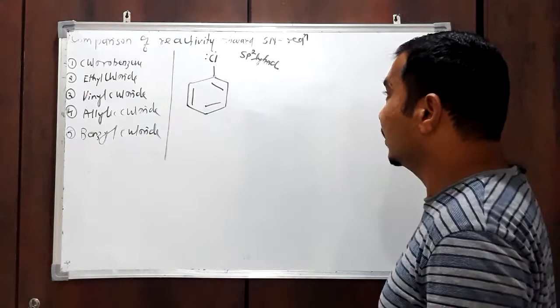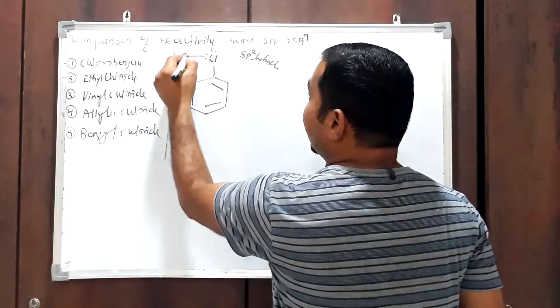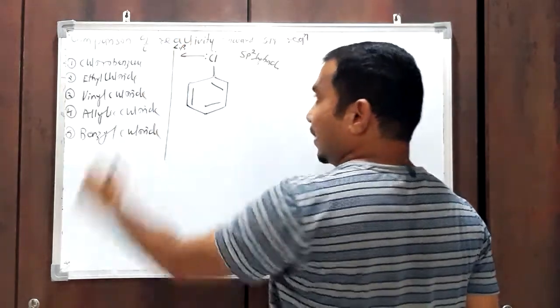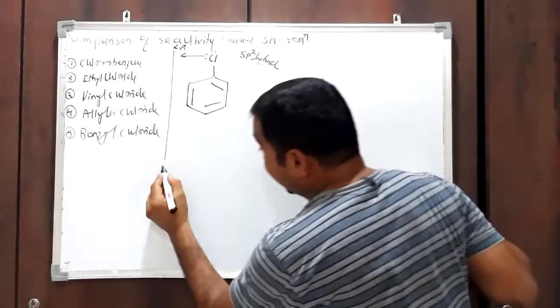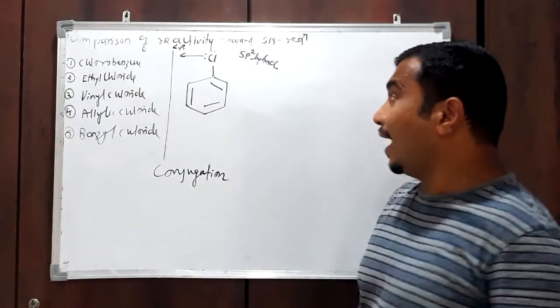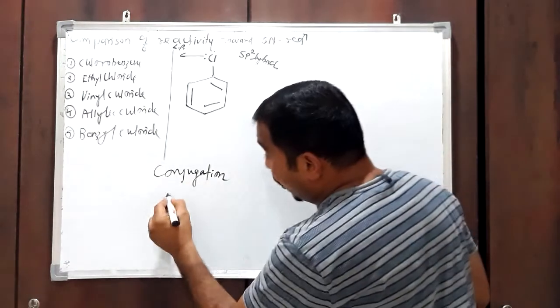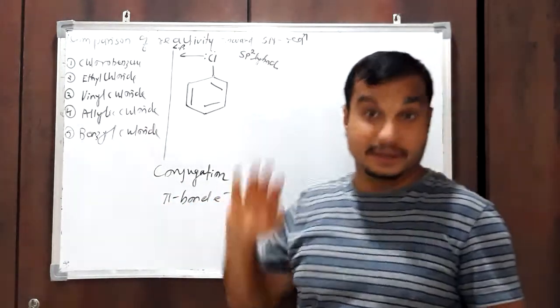Another thing is that the chlorine atom contains two lone pairs of electrons, and these lone pairs are in conjugation, meaning alternate, with the pi bond electrons in the ring.